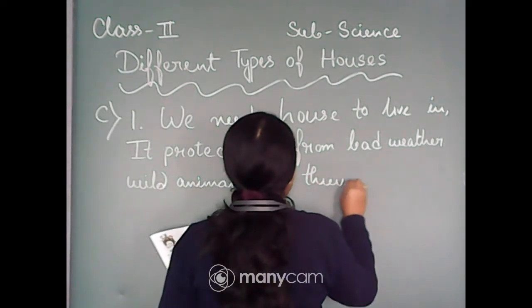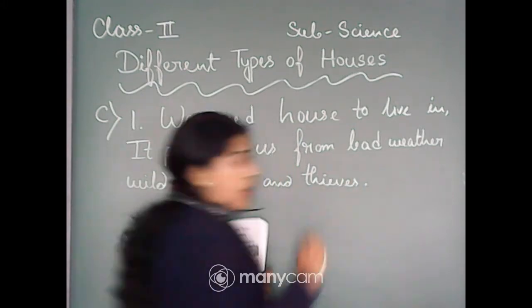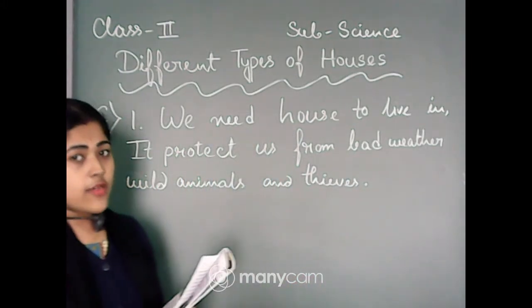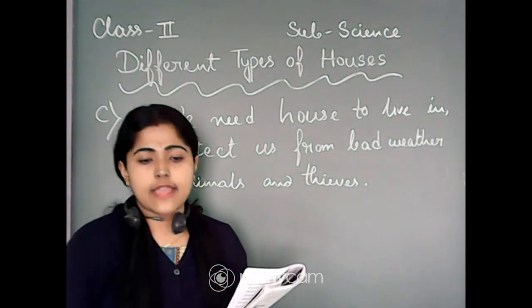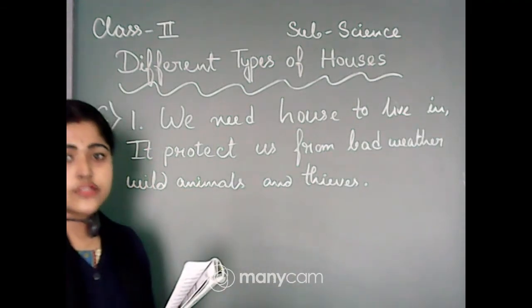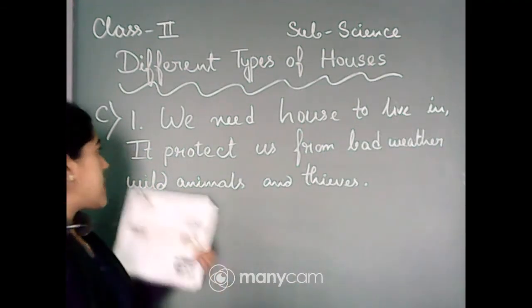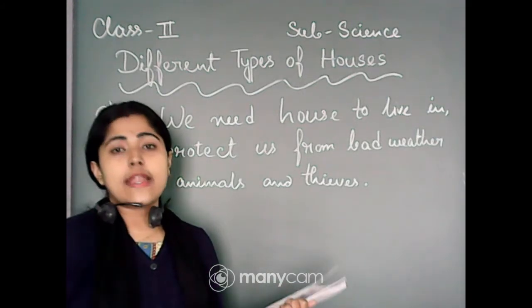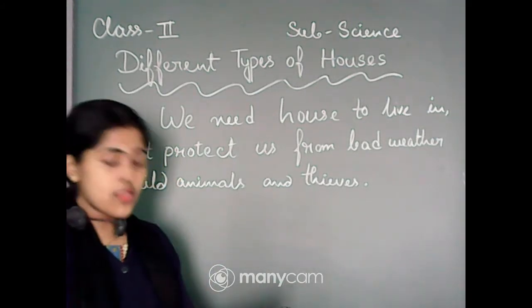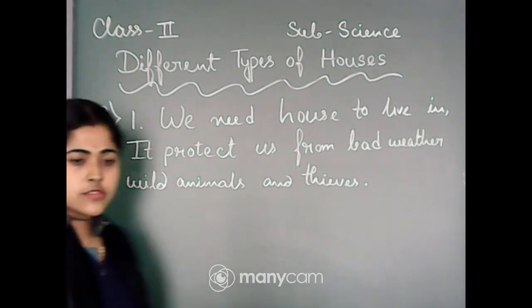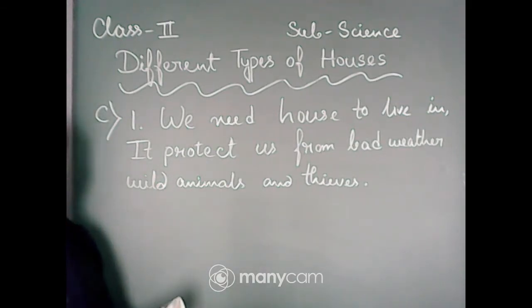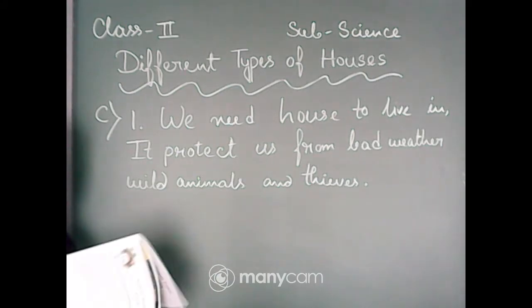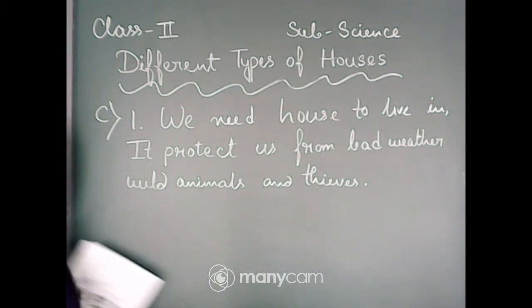So that's why we need a house to protect ourselves. We need a house to live in, and we need a house also to protect ourselves, because it protects us from bad weather, thieves, wild animals. Okay, so that's why we need a house. Hope you can see the board. And now go to the next question, number 2.